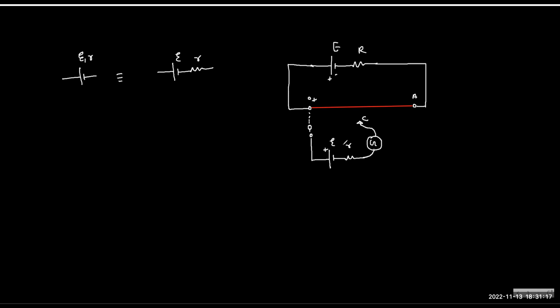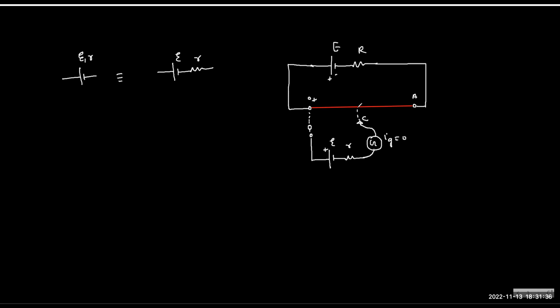And this point C will slide over the potentiometer wire. So you will go to the table and you will slide the jockey over the wire. And you will keep on doing this till the galvanometer shows null deflection.